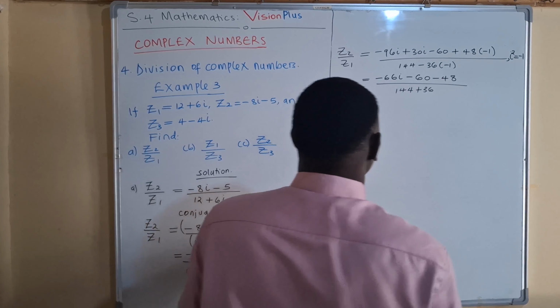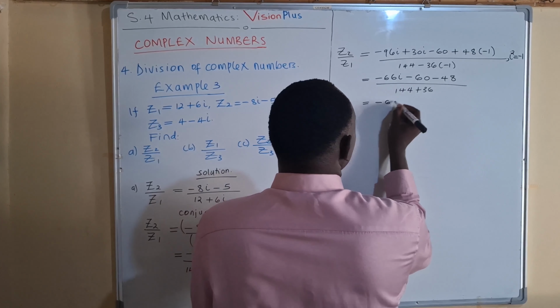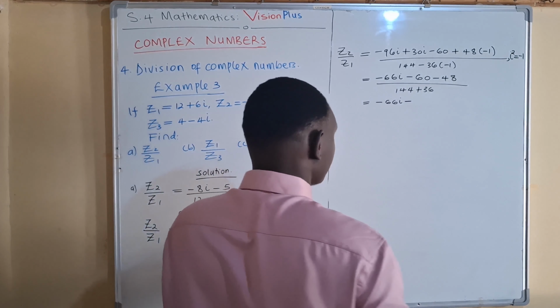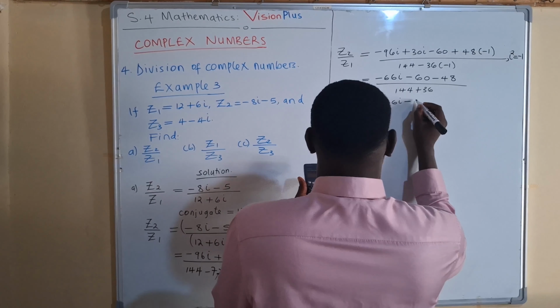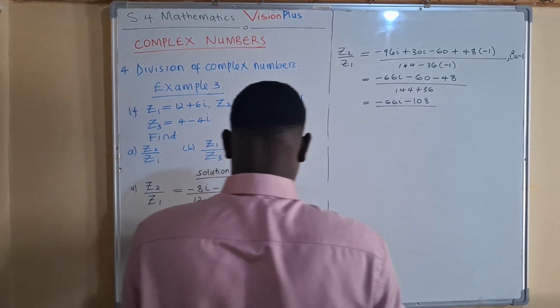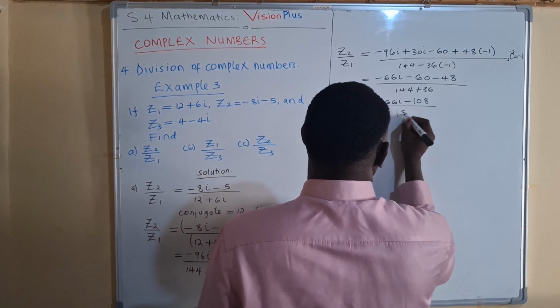This gives us negative 66i minus, because negative 60 minus 48 gives us negative 108, out of 144 plus 36 is 180.